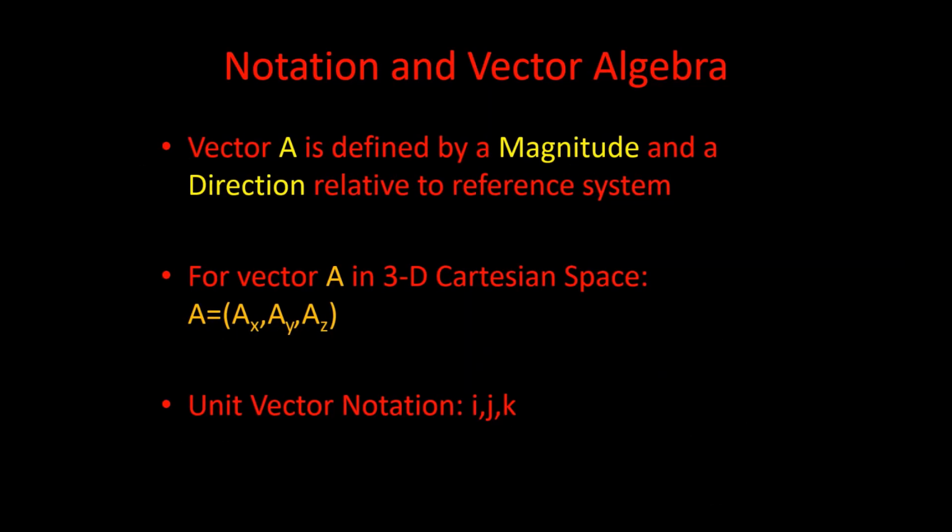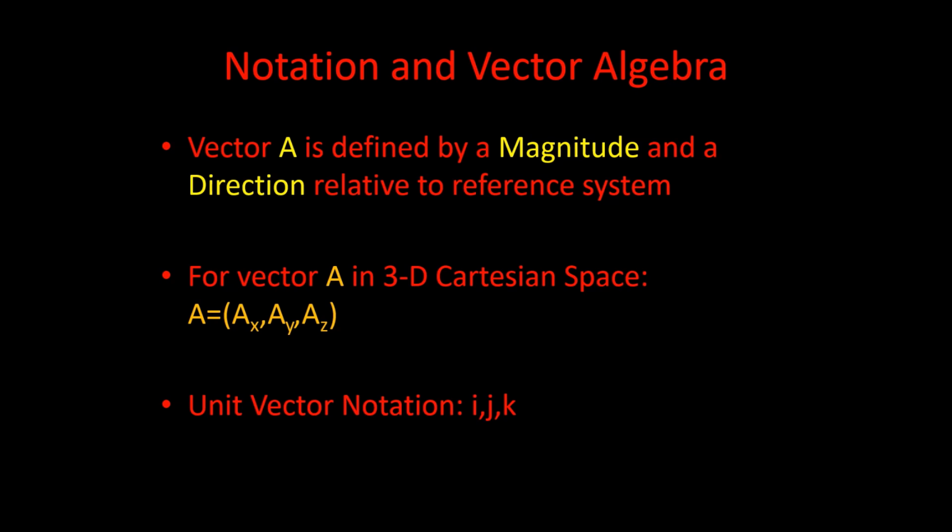So let's talk about notation and vector algebra. If we look at a vector A, of course it can be defined by its magnitude and its direction relative to our coordinate reference system. For vector A in a three-dimensional space, it will have of course components in x, y and z.